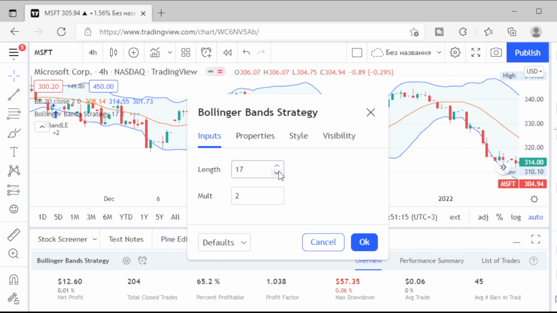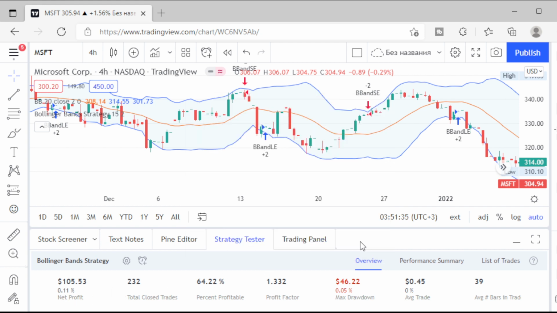Let's make it shorter. Yes, here we have 0.11%. Let's go to 10. Yeah, the maximum value that we got is 0.11%. Yes, it's a very weak strategy, but when we use it in combination with other indicators, I think it will be profitable. It will be much more profitable.